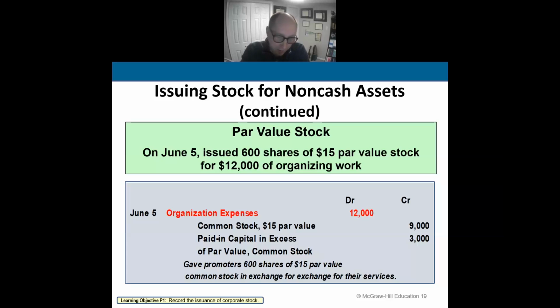So let's say Zach decides to open a bar, and instead of paying for some of his organization expenses to get it up and running, like instead of paying the lawyer, the accountant, the promoters, he decided to issue them shares of stock in his bar.